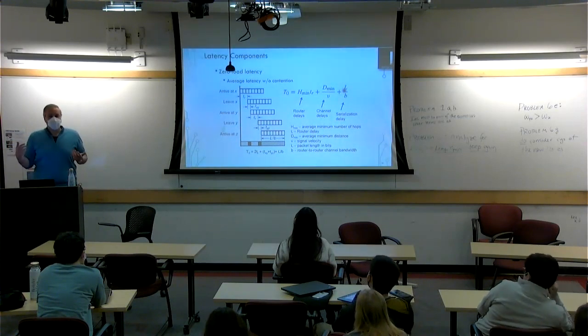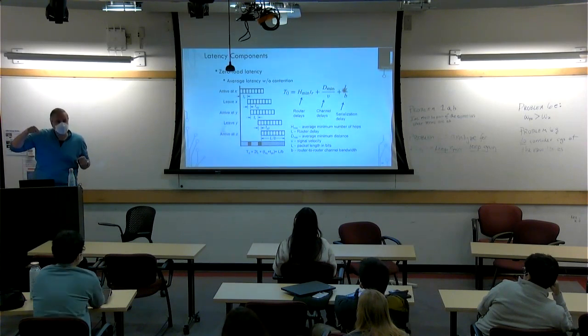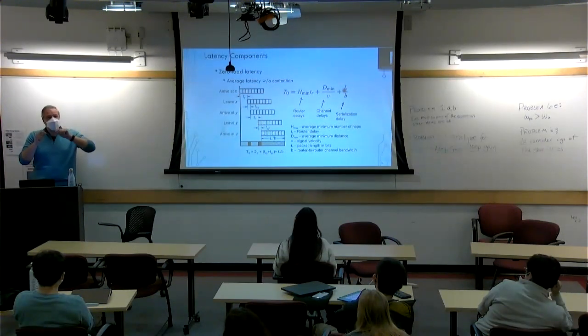Given a mesh topology, I could always be making the longest path. If I pick my destination, there are multiple paths to that destination, and I want the shortest path. How I'm doing the average is I'm generating a uniform random pattern, saying every core has the same likelihood of being accessed. What is the minimum path to that core? Then I average all these minimum paths.